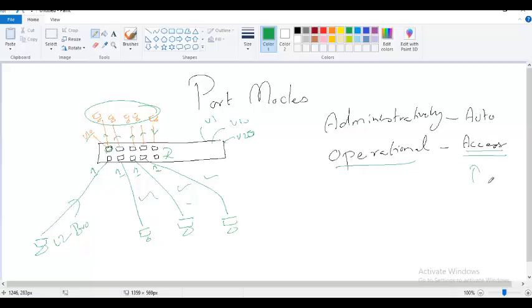Now, I remove this default mode. I can put access or trunk. When you put access, operationally it is going to be access. But when you put trunk, operationally it has to switch to trunk.